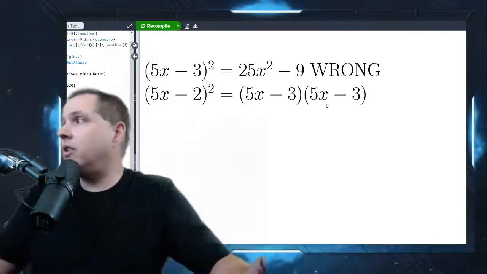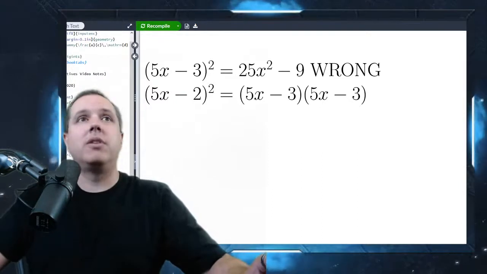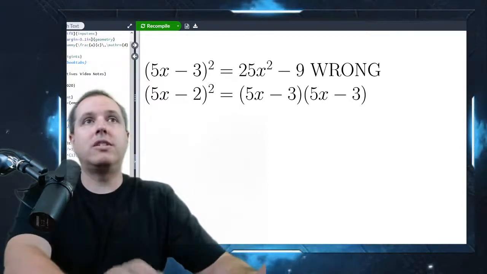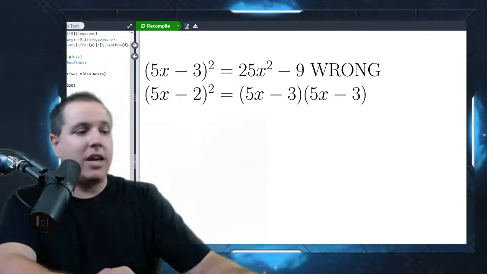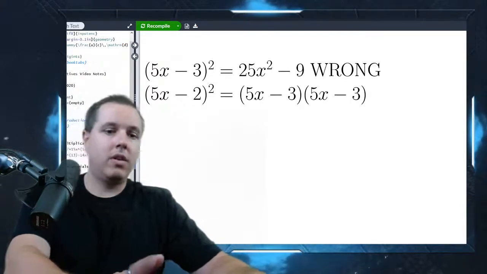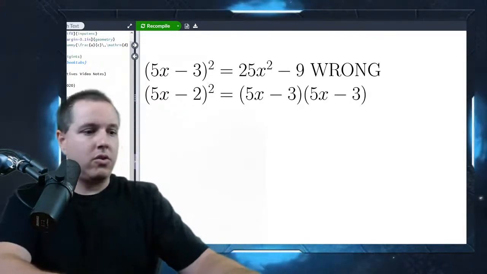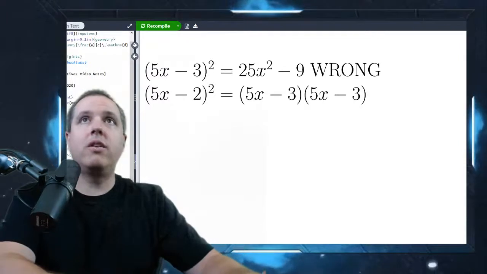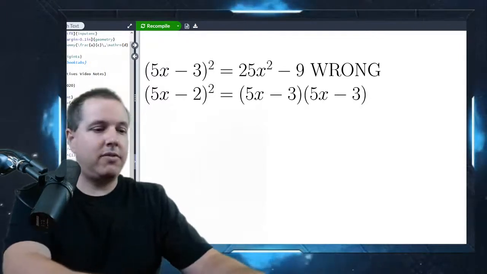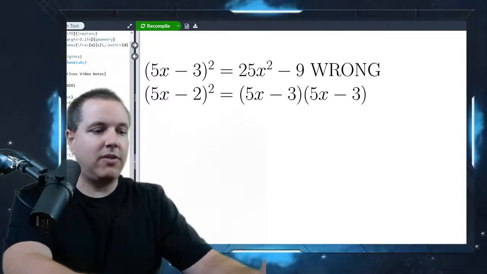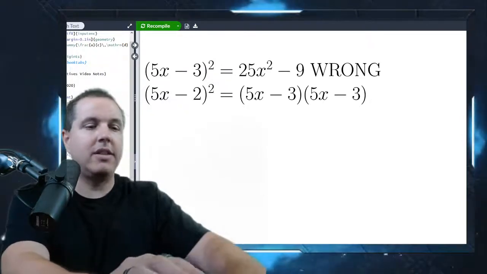Oh, and there's a question I'll get to in just a second. But let me finish this out so that you can see what happens. If I do this multiplication, I get 25x squared. I get minus 15x. I get another minus 15x. And then I get a plus 9.